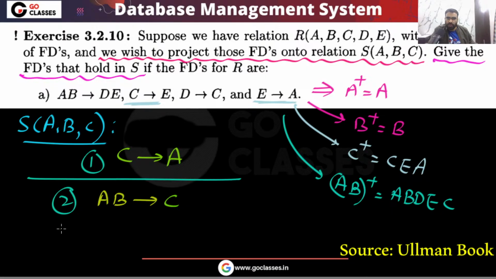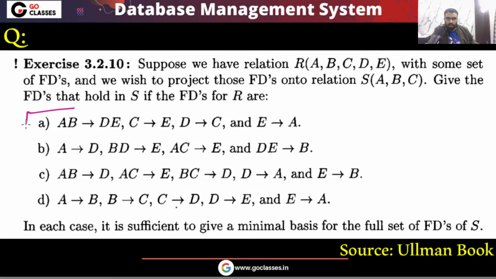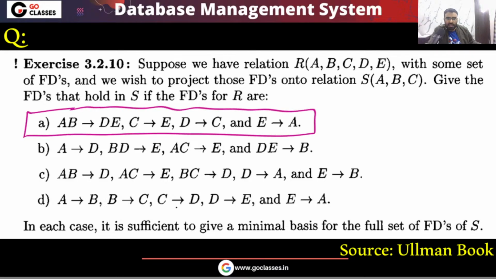What about the third one? For example, if your LHS is AC, then can we determine B? Can AC determine B? If you focus on the given set of functional dependencies, you can see no one can determine B except B. Only B can determine B. In the given set of functional dependencies, there is no functional dependency where we have attribute B on the RHS.